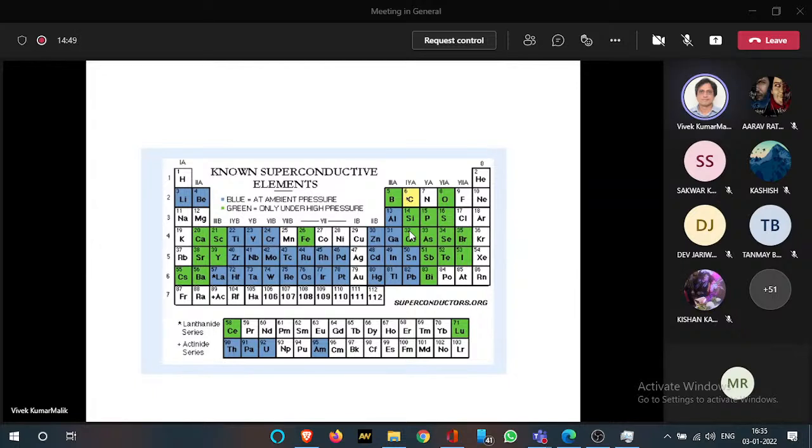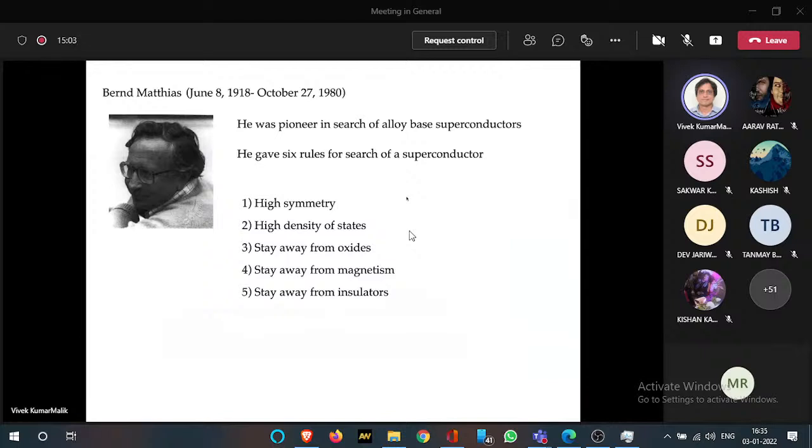Similarly, magnetic elements like cobalt, nickel, and iron do not become superconducting even at high pressure. So these were the rules that Matthias applied: materials should have high symmetry and high density of states.